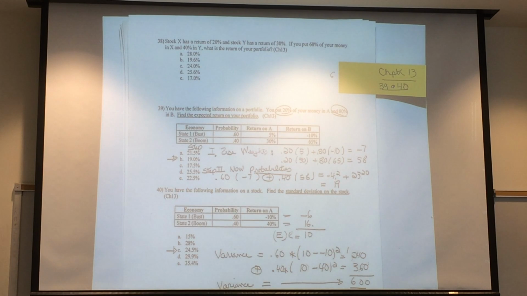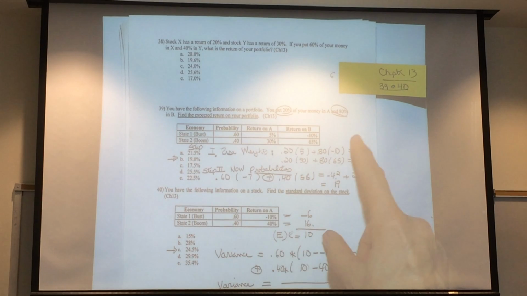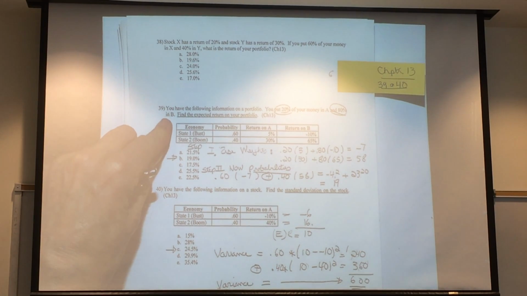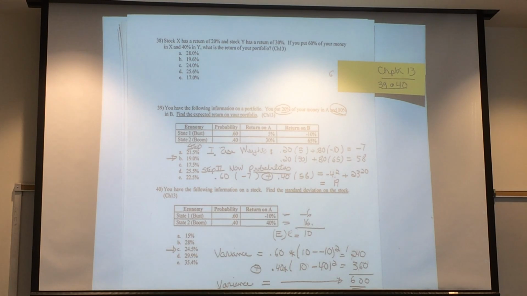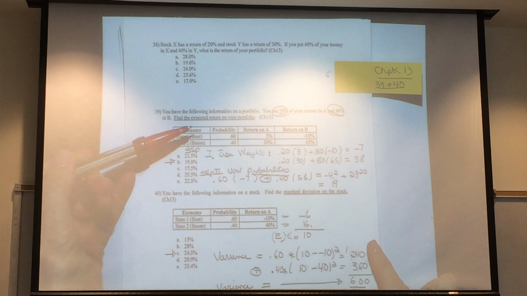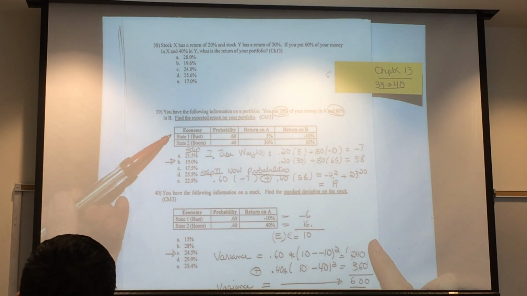With the following, this is where you have two different stocks and you have two different weights of those stocks. You're figuring out the expected return. And you are also doing that based on two different economic scenarios. This is what you did in chapter 13. So, in this situation, you have probability 60% that there's going to be a bust.